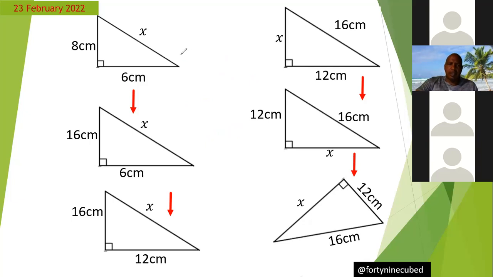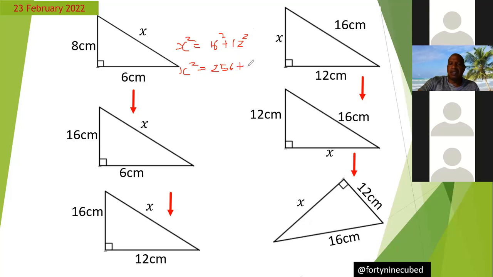x squared equals 16 centimeters squared plus 12 centimeters squared. When you square the values on the right-hand side, what do you get? 256 plus 144.